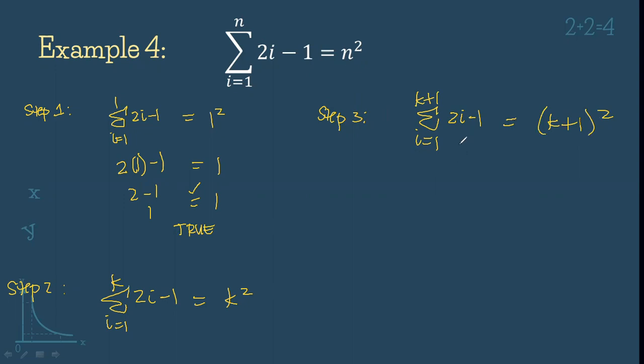Ngayon po, ito pong part na to is equal po siya sa 2 times 1 minus 1 plus 2 times 2 minus 1. Kasi po, from 1 daw po hanggang makaabot kay k plus 1. So, ibig sabihin, patuloy po siya hanggang makaabot kay 2k minus 1 hanggang kay 2 times k plus 1 minus 1.